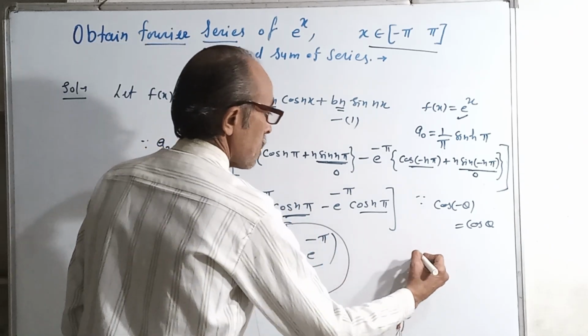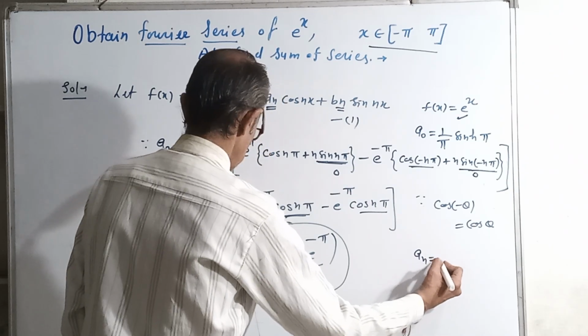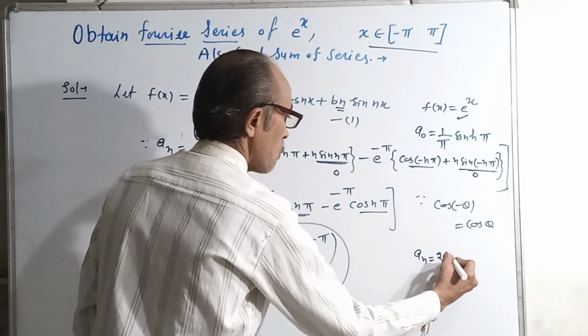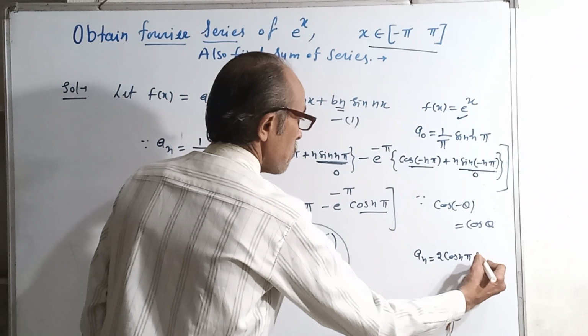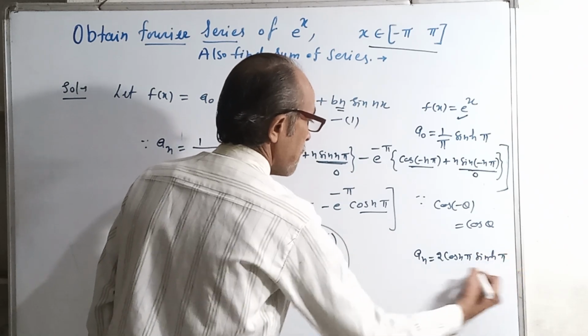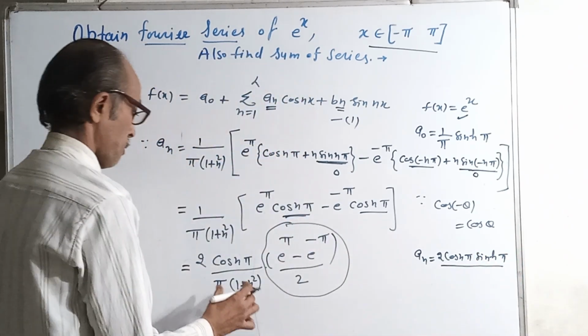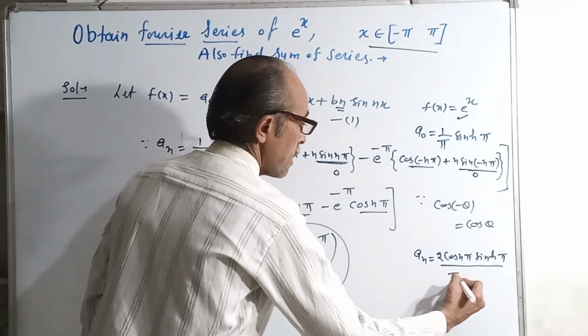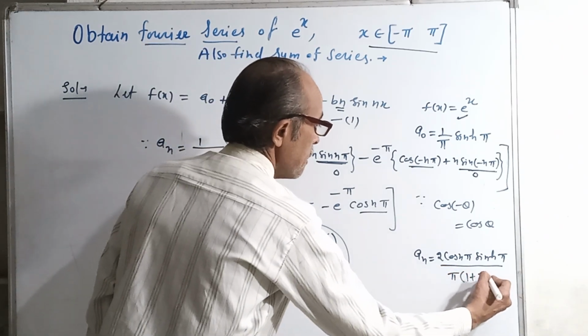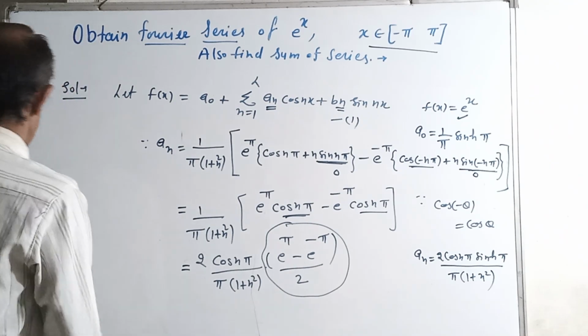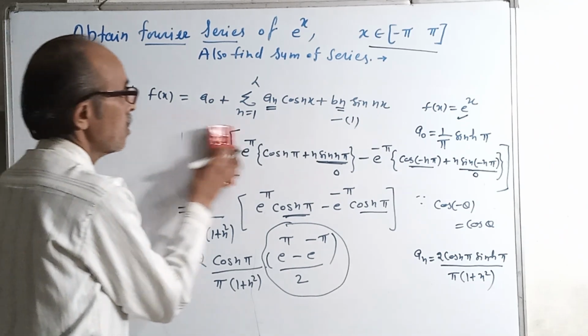Therefore, an is equal to 2 cos(nπ) sinh(π) divided by π multiply by (1 plus n square). Now we find bn value.